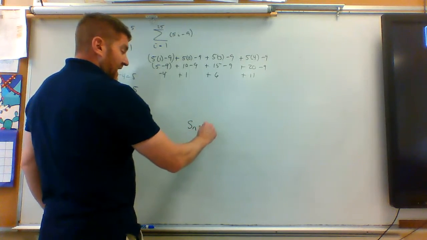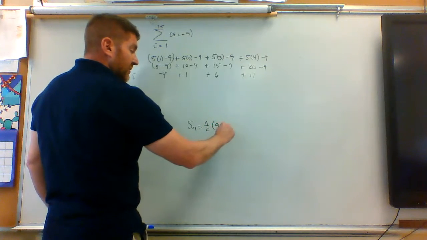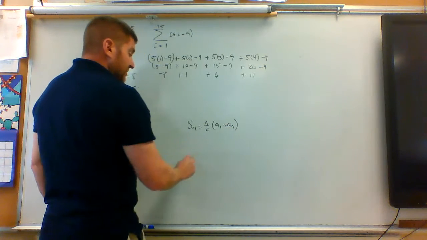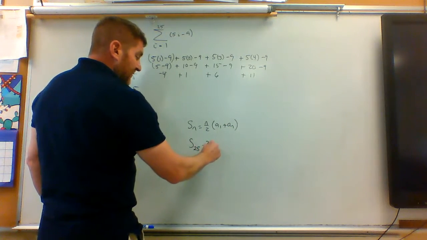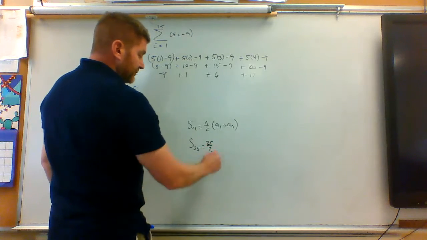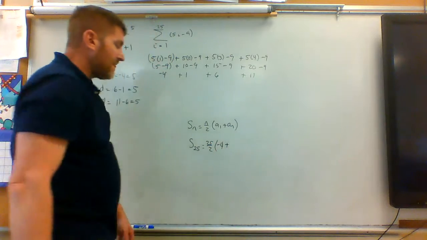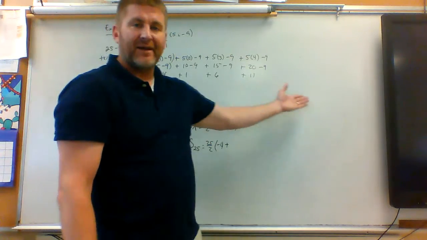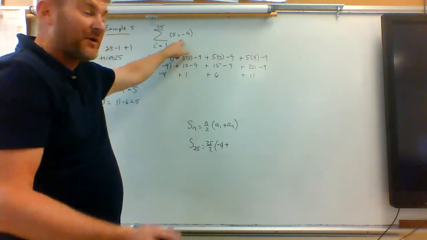So maybe I can use a summation formula. S of n is n over 2 times your first term plus your last term. Since I'm finding the sum of 25 numbers, that's 25 divided by 2. My first term is negative 4, but I'm not going all the way out to my last term, but I know what term it is. They give me the explicit formula right there.